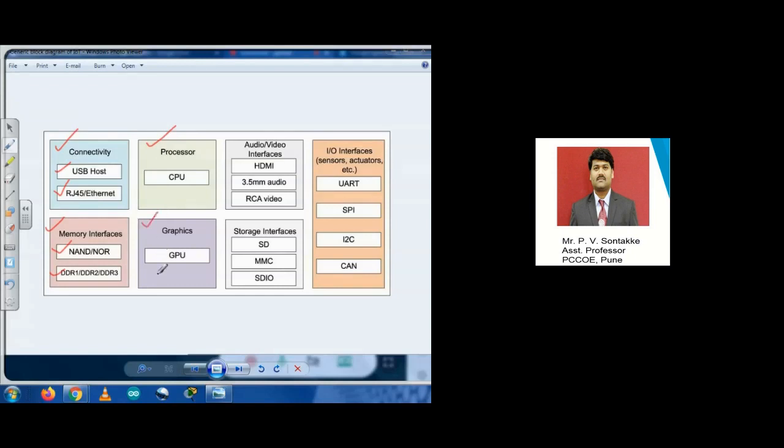Not only that, each IoT device should also have graphical processing capability. Take the example of cameras. A camera is a kind of sensory vision.